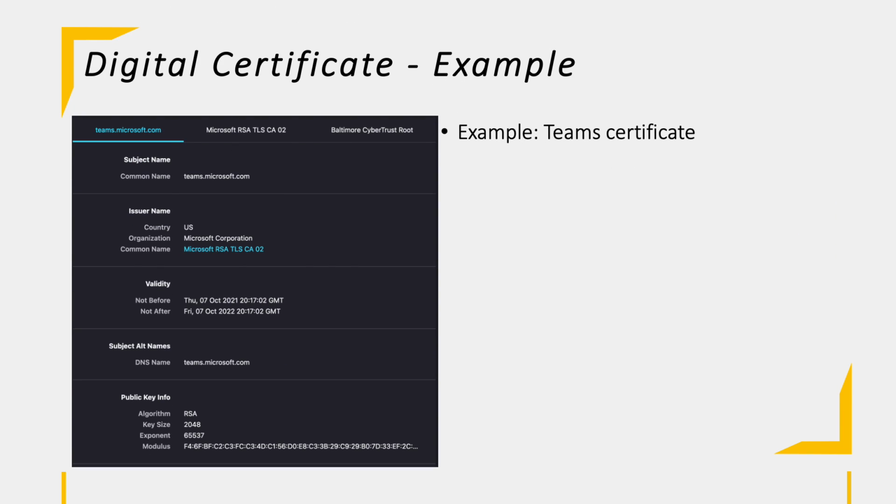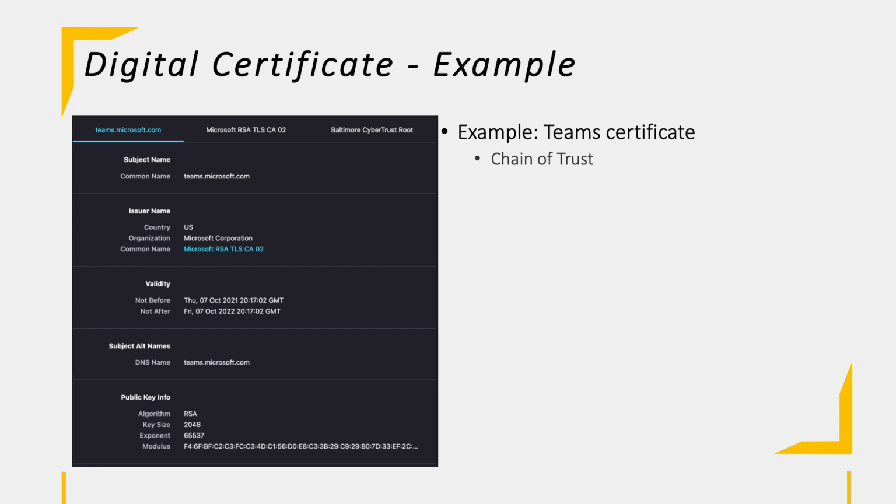And I just brought up an example. I hope you can see it just fine on your screen. This is a certificate I pulled up from teams.microsoft.com, because it's a good example of what kind of fields you have in a certificate. On the next slide, I don't even have screenshotted all of the fields within this certificate.